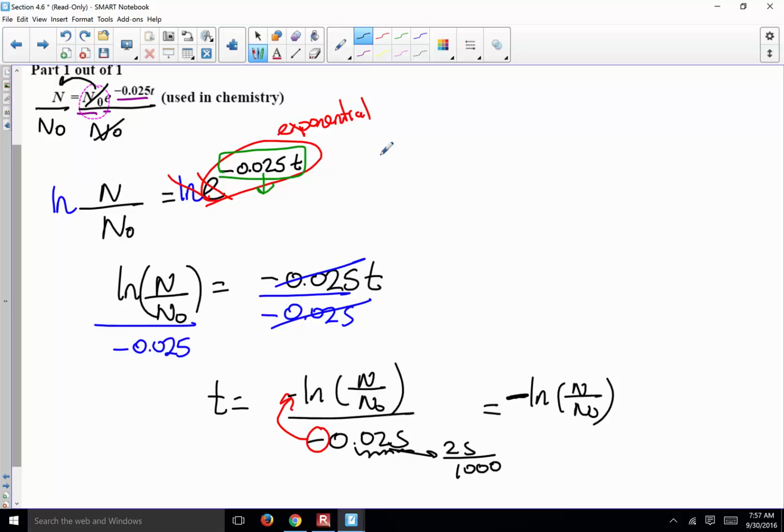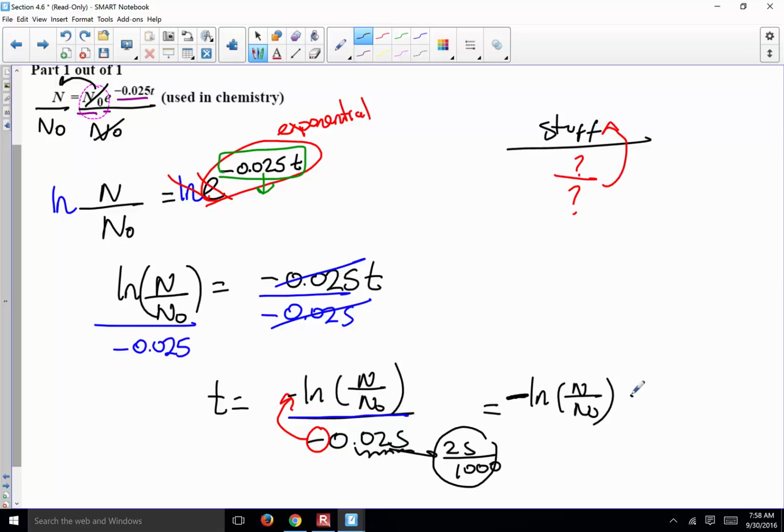This is called complex fraction. Come on, anyone? You have some stuff, but you have a fraction here. What do you do? How do you move this up and combine with this stuff?